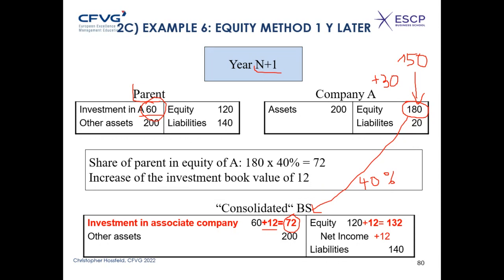How can I be sure that the plus 30 here is not related to the fact that company A issued new shares? Maybe that's why equity increased. I don't know. But I can tell you here, given the information on the slide, I can assure you that company A did not issue new shares. How can I say that? How can I prove that?